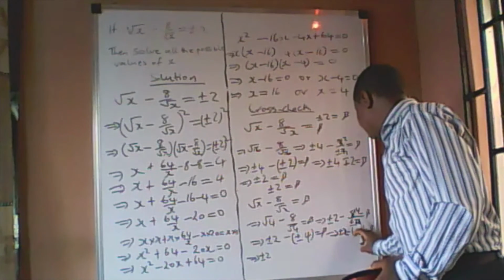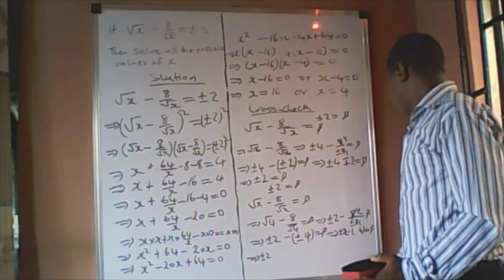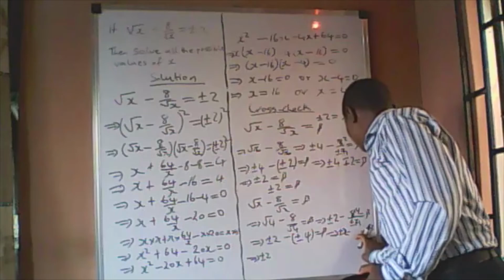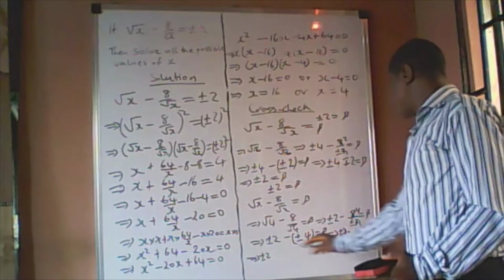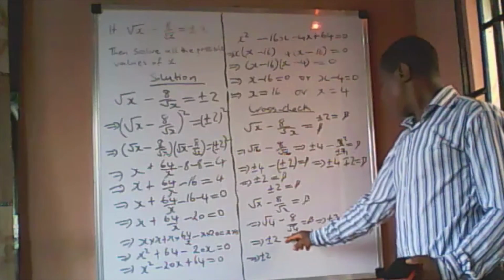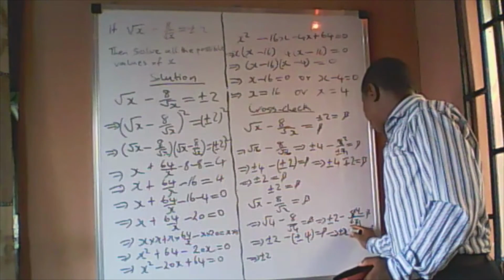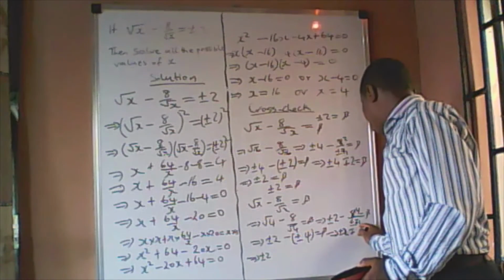Here it implies plus 2, minus times plus gives us minus, that means you have minus or plus 4.